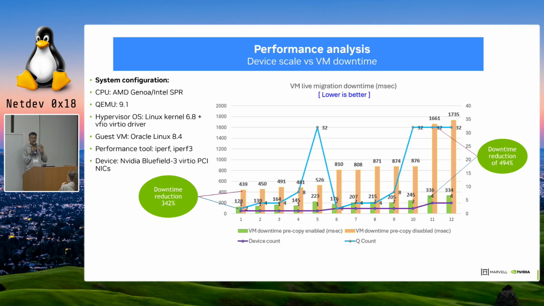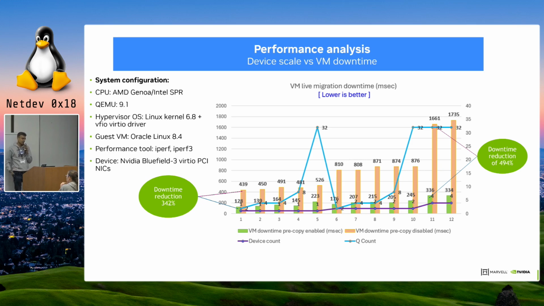The 12th one has 4 devices. Each device is with 32 queues. And the VM is with the highest amount of memory, 128 gig, with 32 or 64 vCPUs. There, the device downtime is from 1700 milliseconds, which is 1.7 seconds.